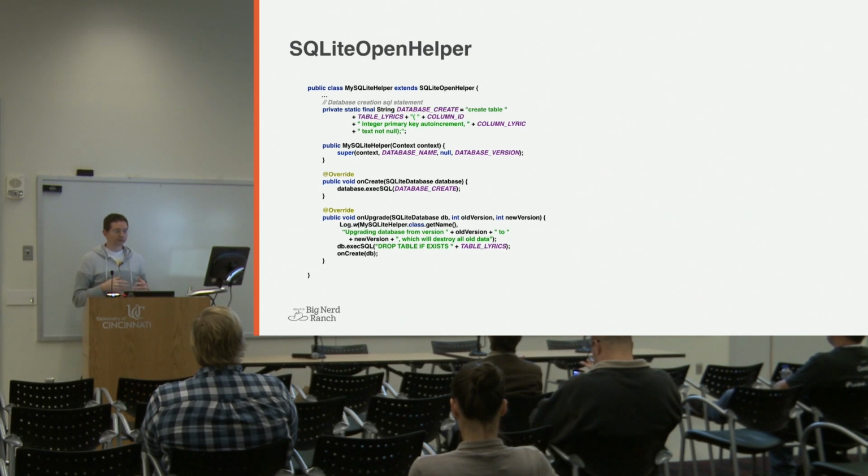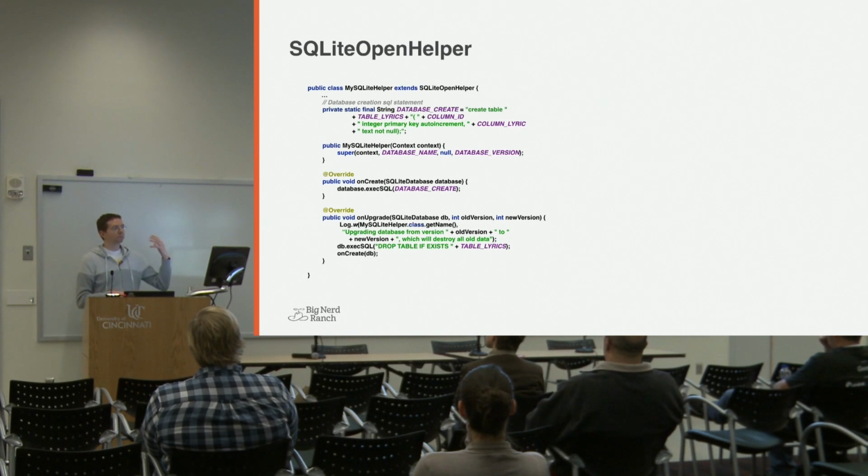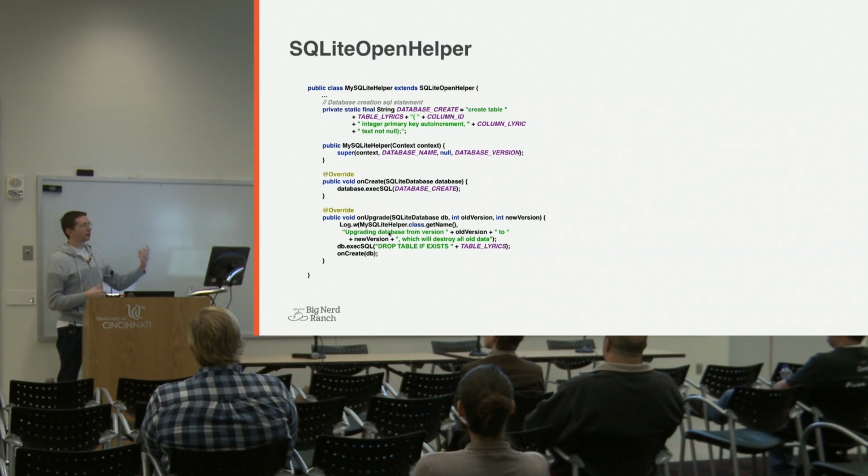We had this thing called a SQLite Open Helper, and that SQLite Open Helper created hooks for us to create our database when it was first installed on the user's device, and a hook to upgrade that database if, say, for example, we had made a release that created the database, and now we've altered that database and put it into a new release. There is a method to hook in there to put our alter table statements, create new tables, transfer that data, et cetera, so the user didn't lose data.